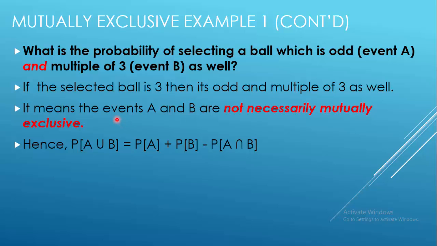It means the events A and B are not mutually exclusive. Hence, the probability of A union B is equal to the probability of A plus the probability of B minus the probability of A intersection B.